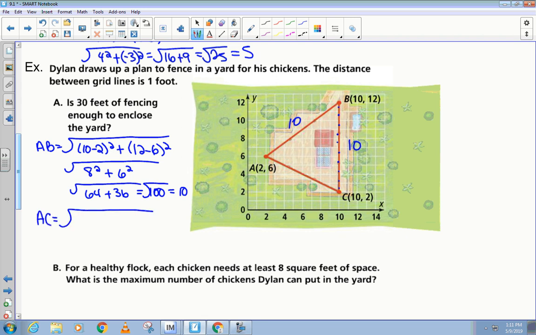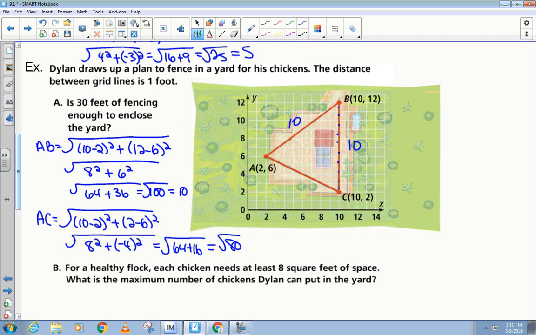That was my thought at first too, but I think I proved my conjecture wrong. Now we're going to do 10 minus 2 quantity squared plus 2 minus 6 quantity squared. That gives me 8 squared plus negative 4 squared, which is 64 plus 16, which is 80.